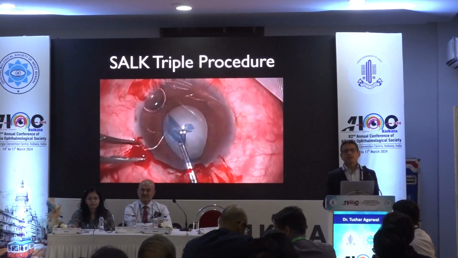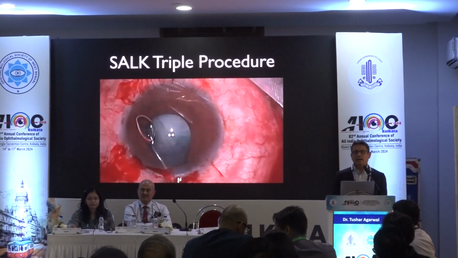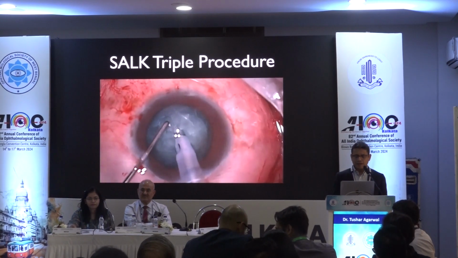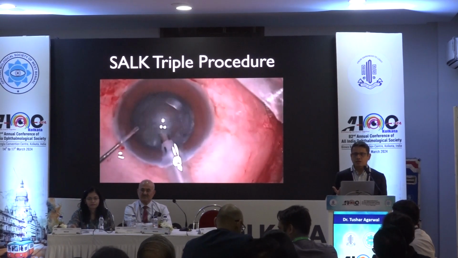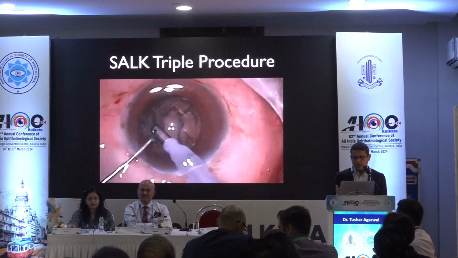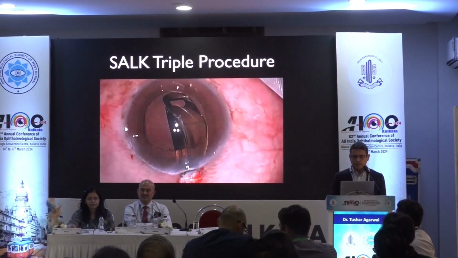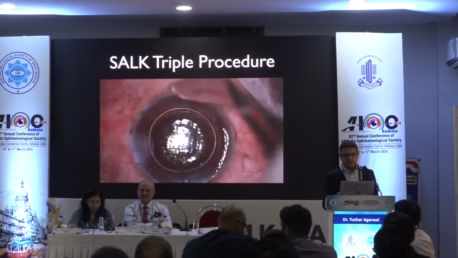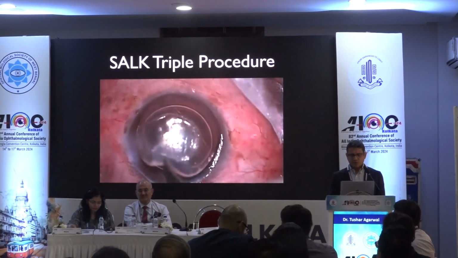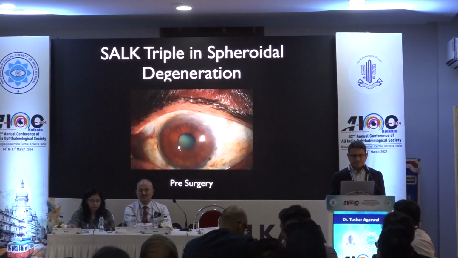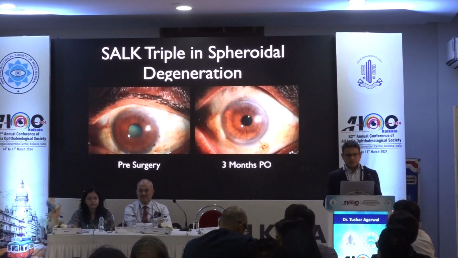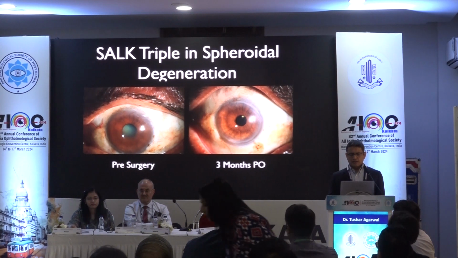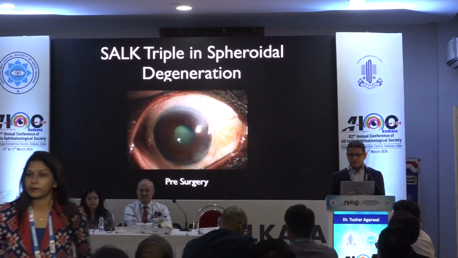And once you have done that, the only difference in these cases is that I like to put some air in the anterior chamber to have a taut host cornea. And I also like to apply a couple of sutures on the host cornea to have a very tight anterior chamber, and then these subsequent cases are similar in nature. These are a couple of patients who underwent this surgery, the triple procedure with SALK.